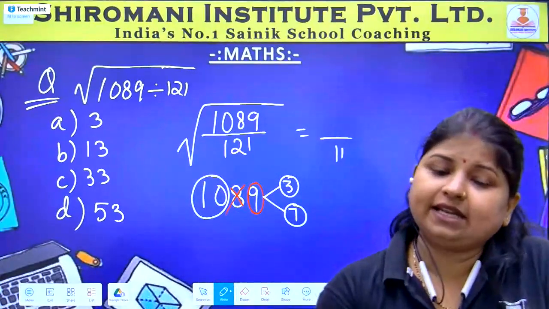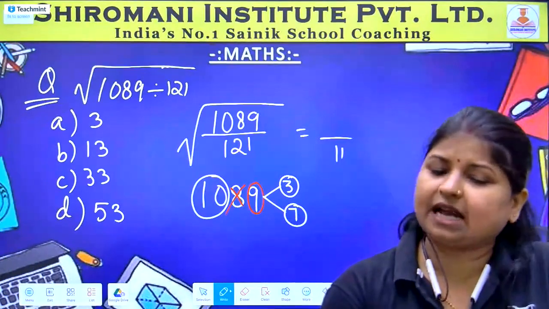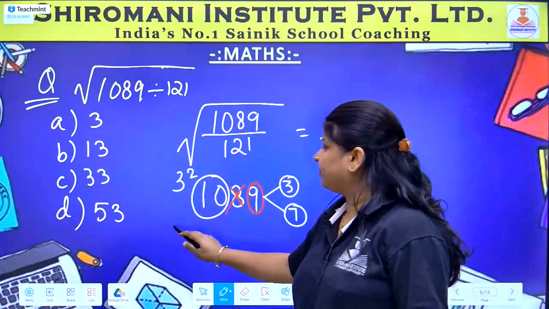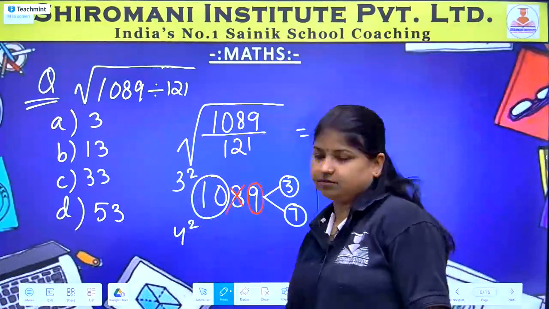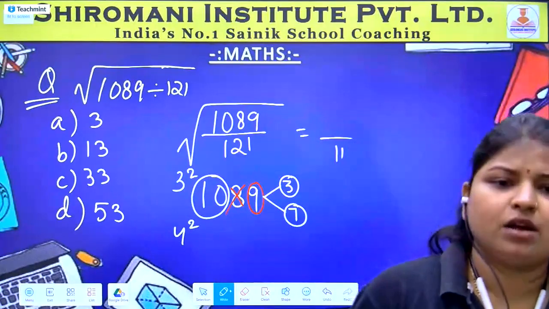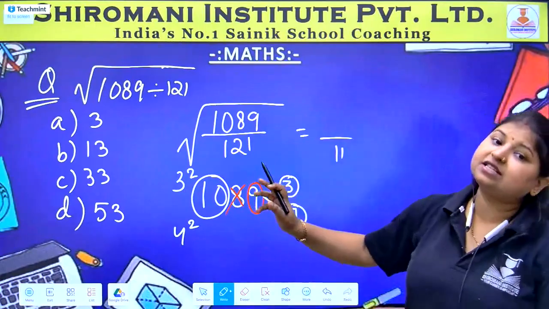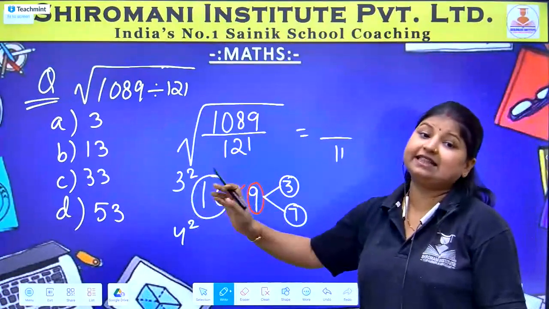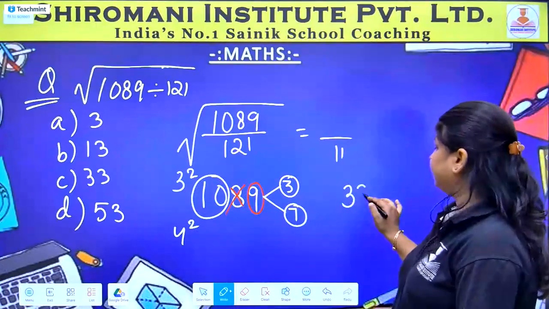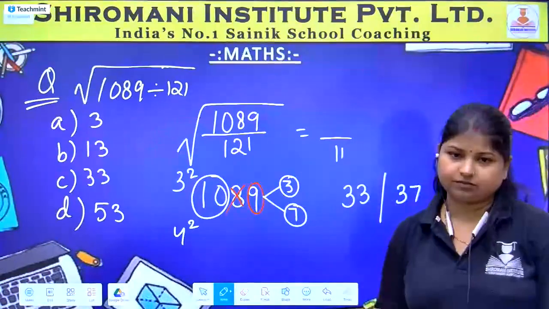This 10 comes between 3 ka square and 4 ka square. So I will take the smaller one, that is 3. My answer would either be 33 or 37.